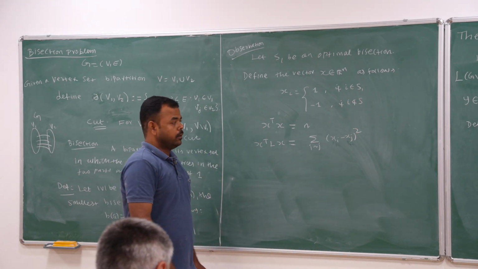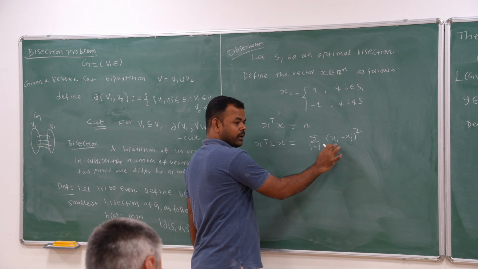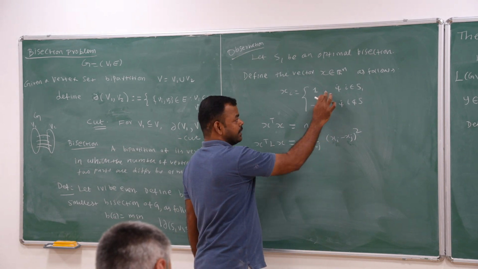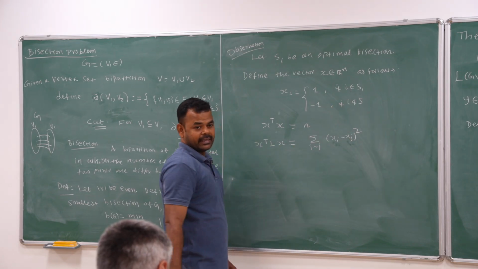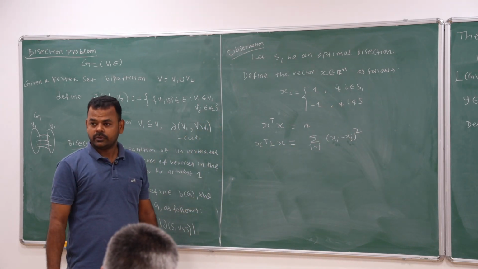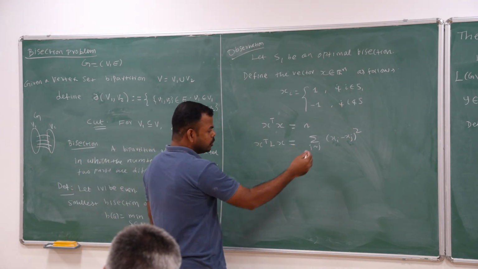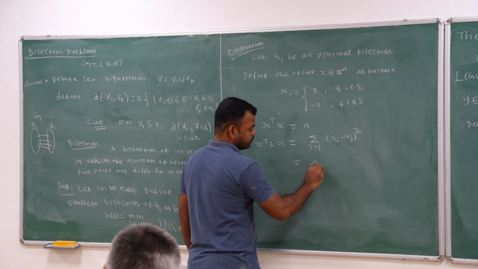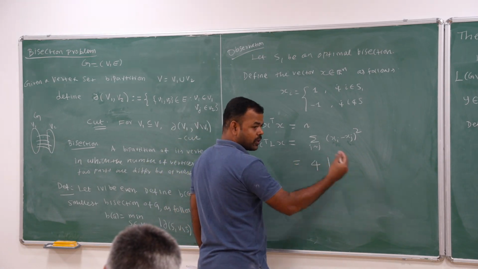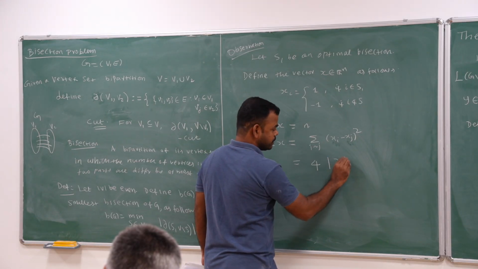So this will be different from 0 only when i is in S and j is in S complement, or vice versa. That gives me 2 squared, that is 4, so it is 4 times the number of crossing edges.